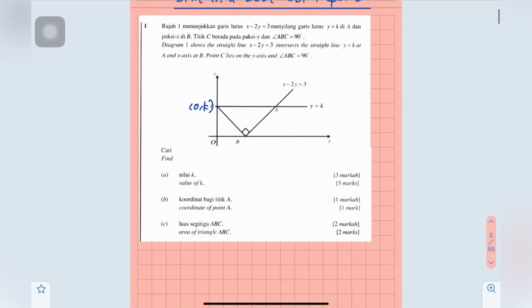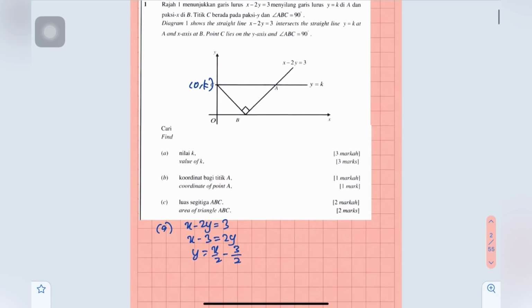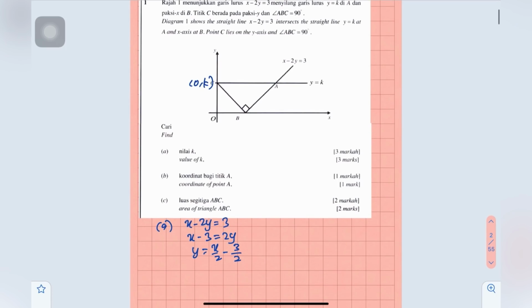So from here we can find gradient AB from the equation x minus 2y equals 3 ni. So kita boleh cari gradient dia. So x minus 3 equals 2y, so y equals x over 2 minus 3 over 2. Okay, so then kita boleh dapatlah gradient AB equals 1 over 2.